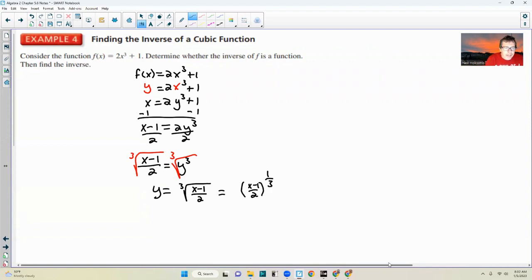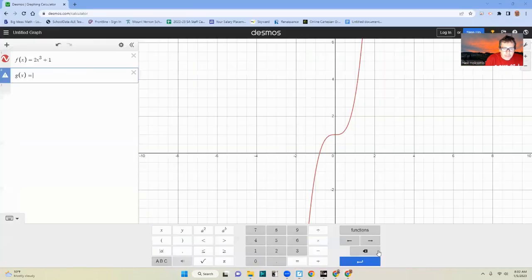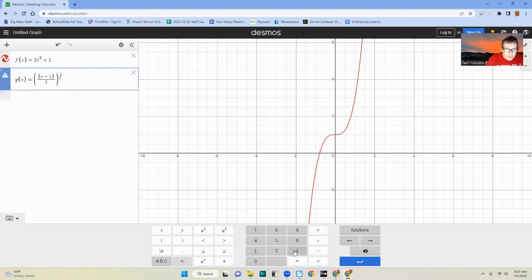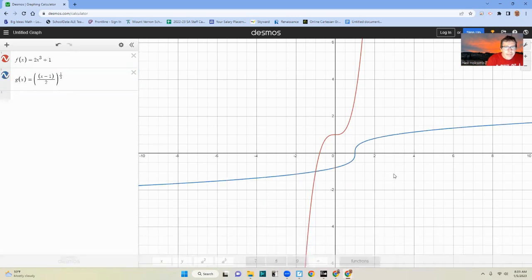That's how I put it in my calculator. So x minus 1 divided by 2, and then I want to put parentheses around that as well, because it's all to the 1/3.